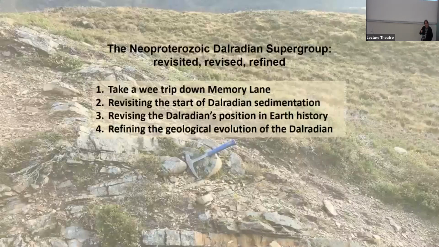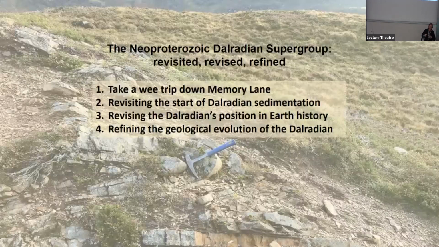There are 4 parts to this talk today. A little trip down memory lane, and then the 3 R's. Revisiting, and what I want to do is actually focus on the start of Dalradian sedimentation and use that as a theme that we're going to carry through the narrative of the talk. We want to place the Dalradian into what we can think of as Neoproterozoic Earth history.